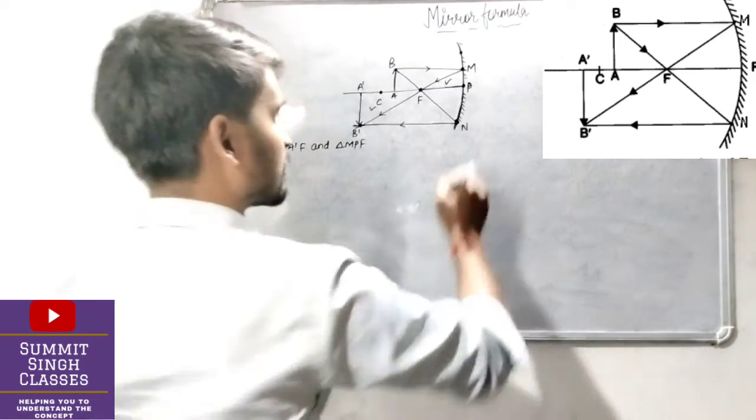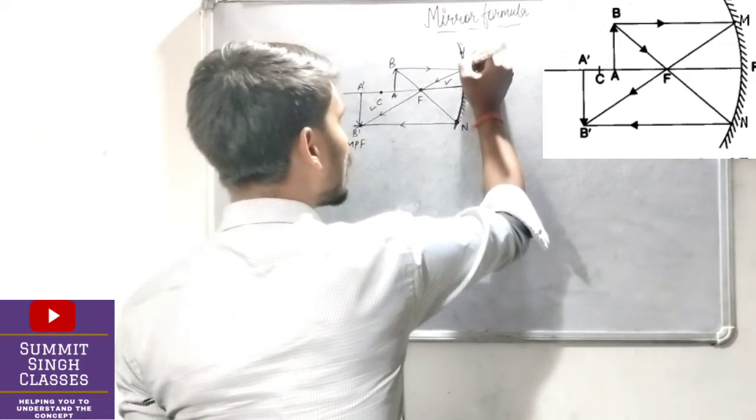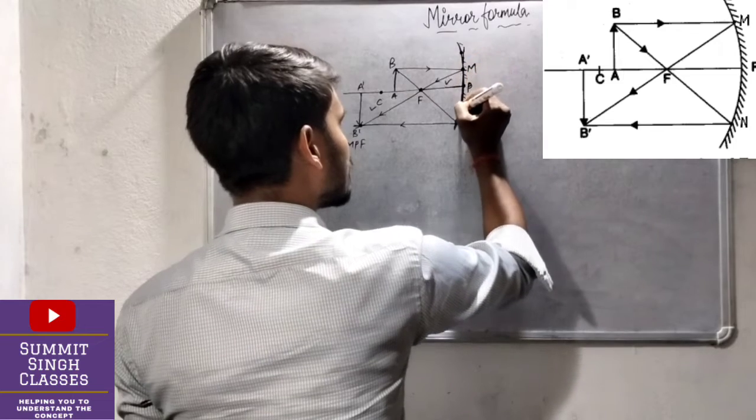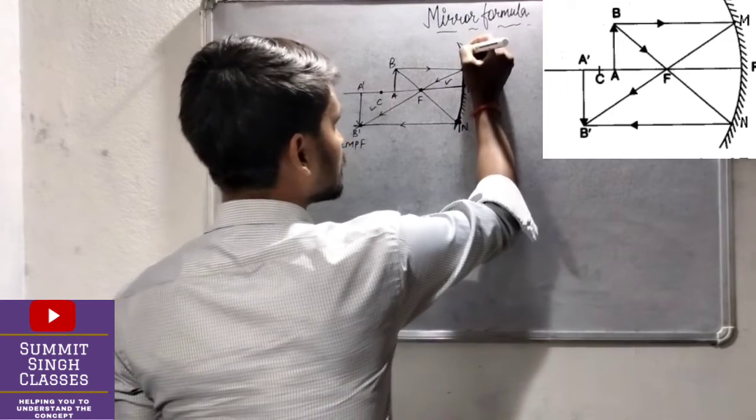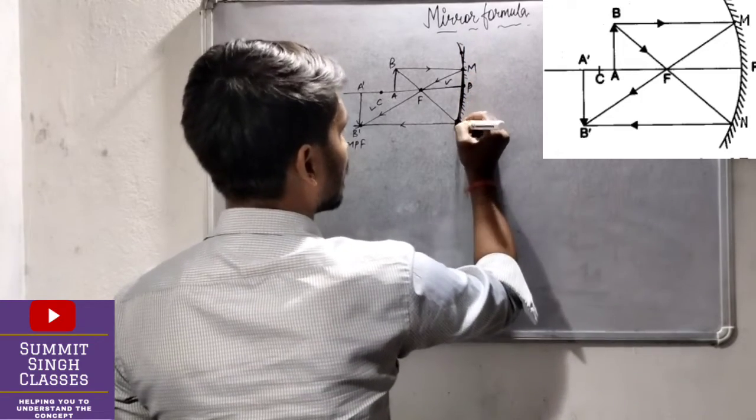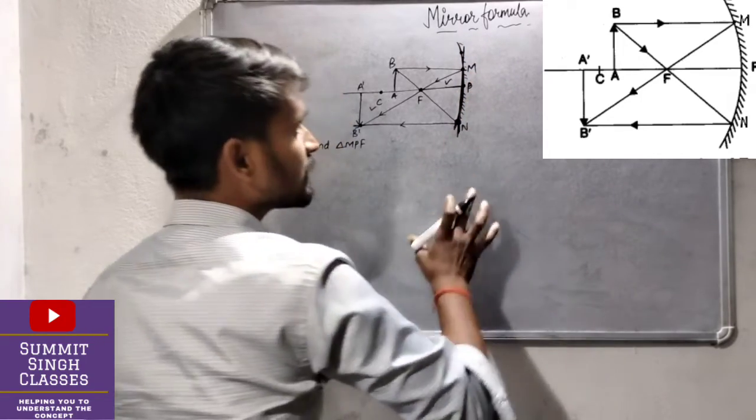How is it a triangle? Because if we draw a normal here, then these three points lie on the same straight line, and this forms a triangle.